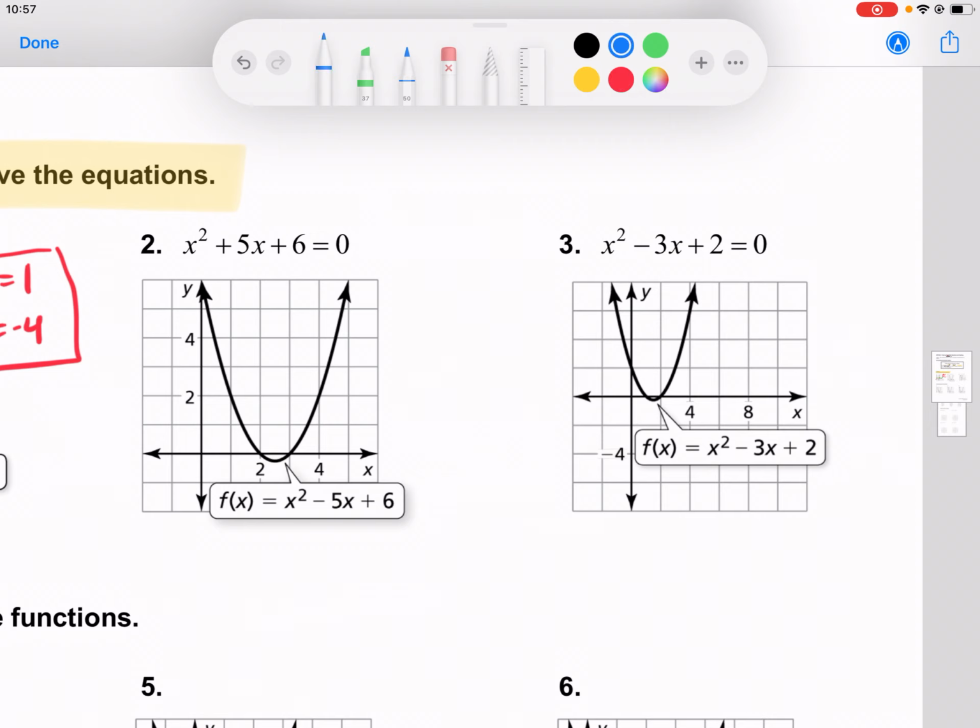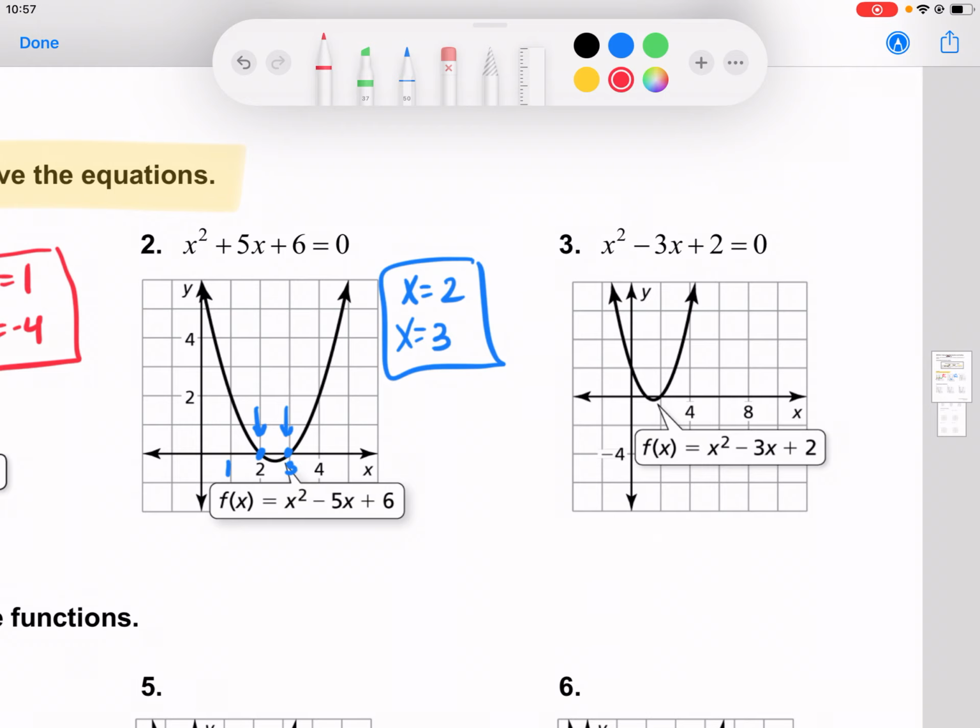So number 2, same idea. We're going by 1s on this one, so 1, 2, 3, 4. So x is going to equal +2 for that first one, and x equals +3 for the second one. And you're done. So number 3, same idea once again.